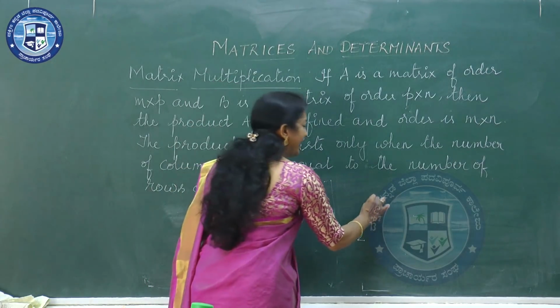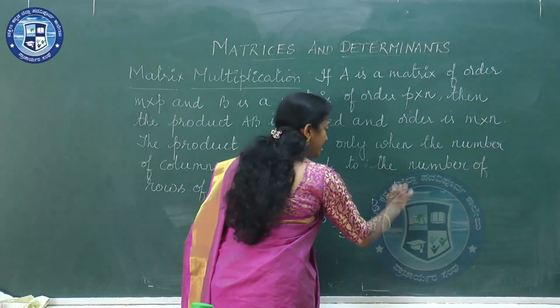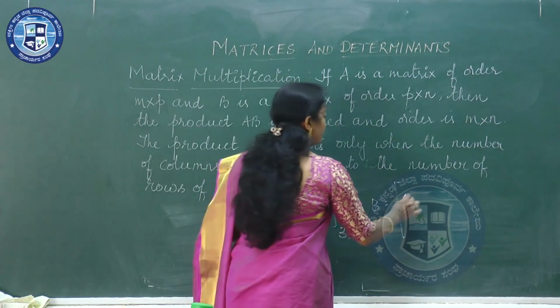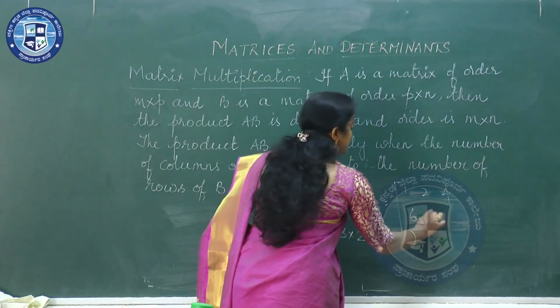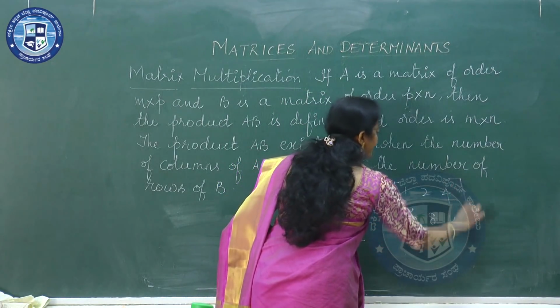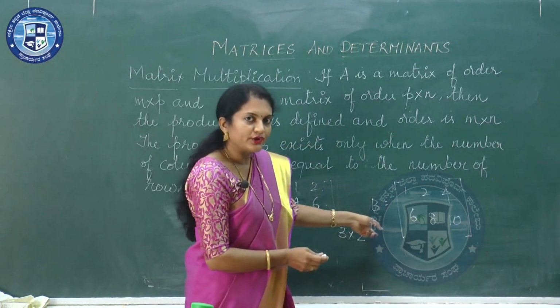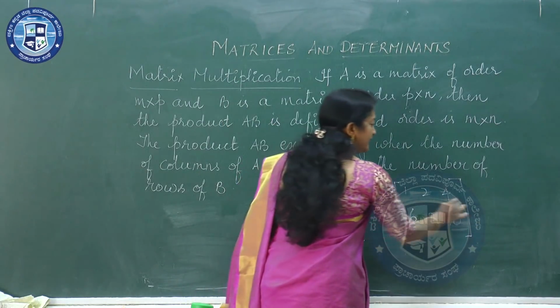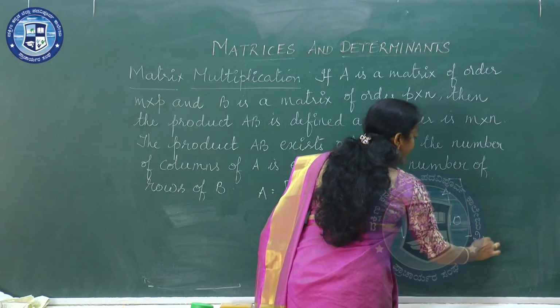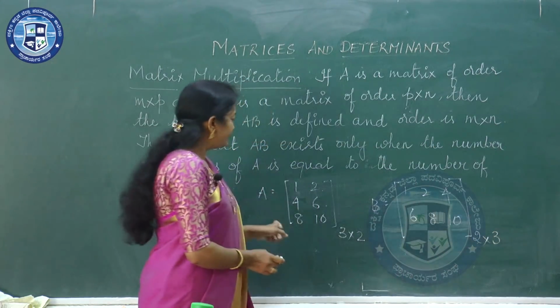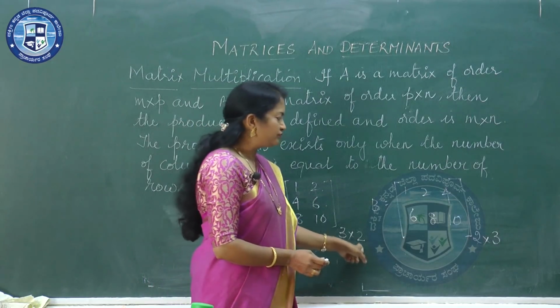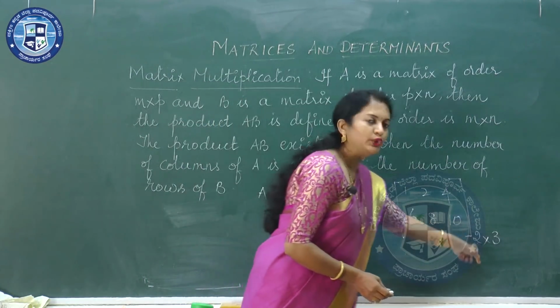Now I will take the matrix B of 1, 2, 4, 6, 8, 10. There are 2 rows and 3 columns. Order of matrix A is 3 by 2. Order of matrix B is 2 by 3.